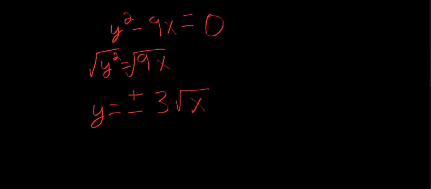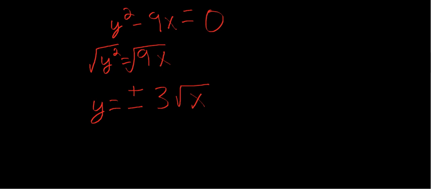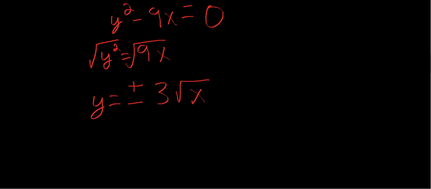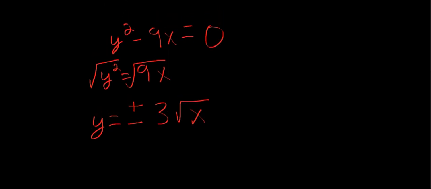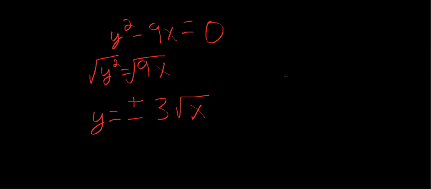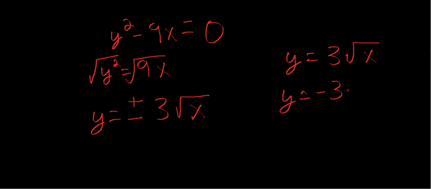So now I see this, and you could do a couple things with this. You could start graphing different points, or you could plug it into your calculator. The way you would plug it in is you would set one of your y equals to 3 square root x, and the other one to y equals negative 3 square root x.